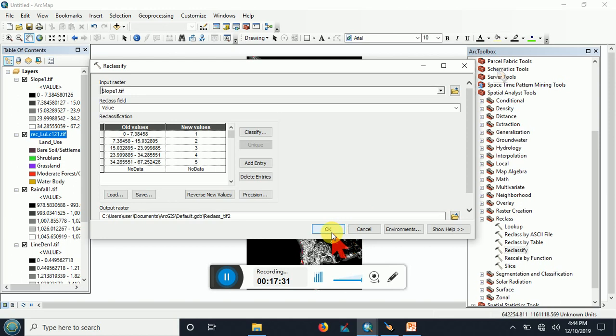So if it's okay, please try to write the file name reclassified slope, and be sure where you want to save it. If you want to save to a separate folder, you can click here, then click on OK.